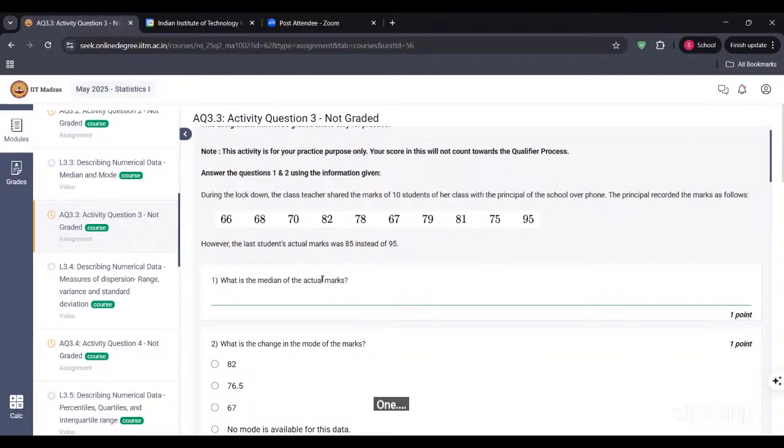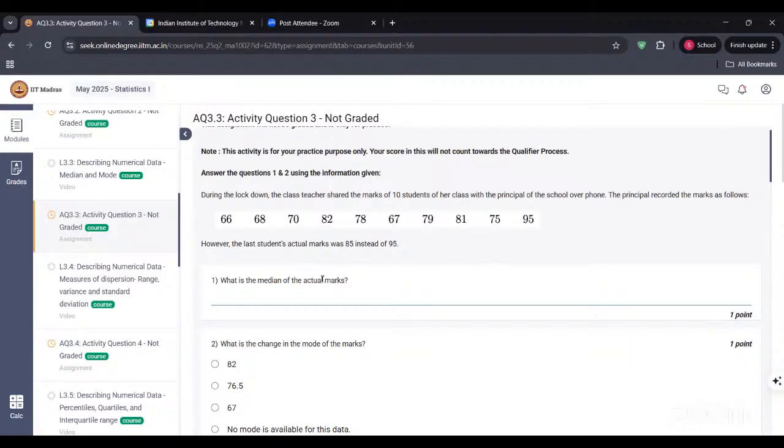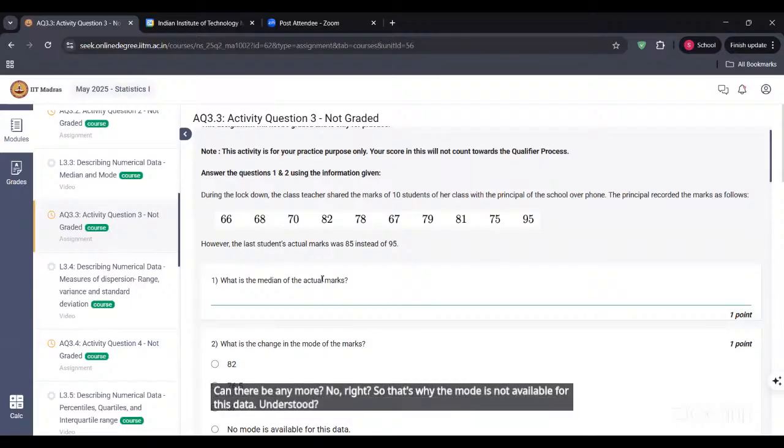So can you tell me which number has the highest frequency? All the numbers have one frequency, right? So nobody has the highest frequency. So is there any mode? No, ma'am. So that's why the mode is not available for this data. Understood? Yes.